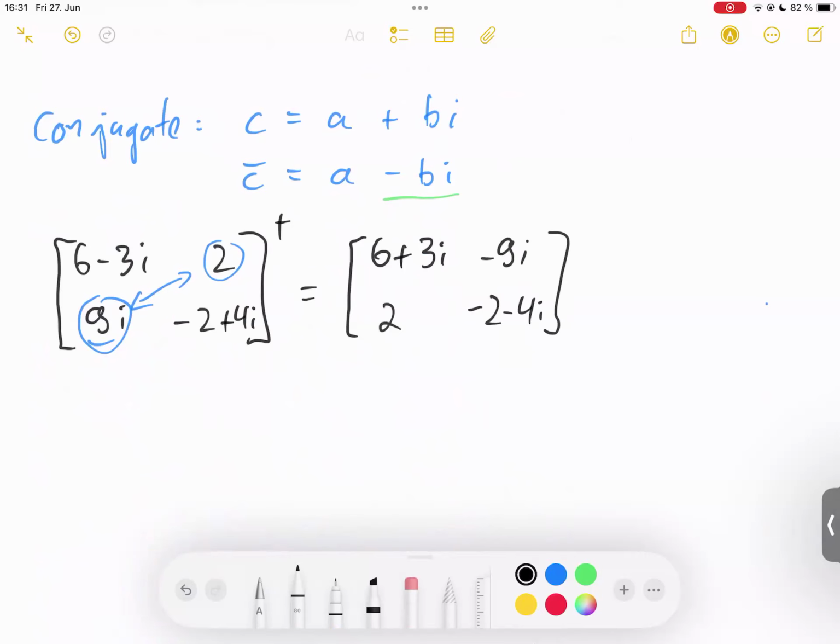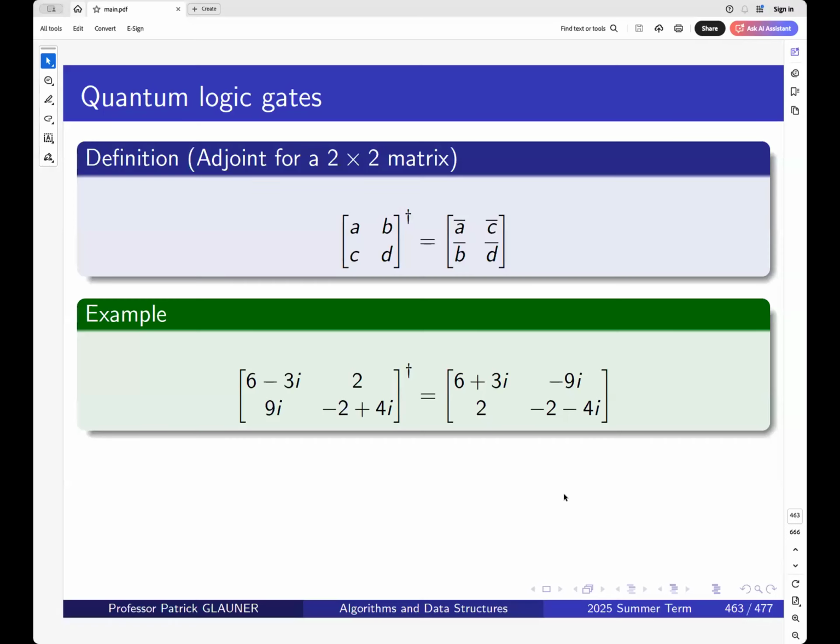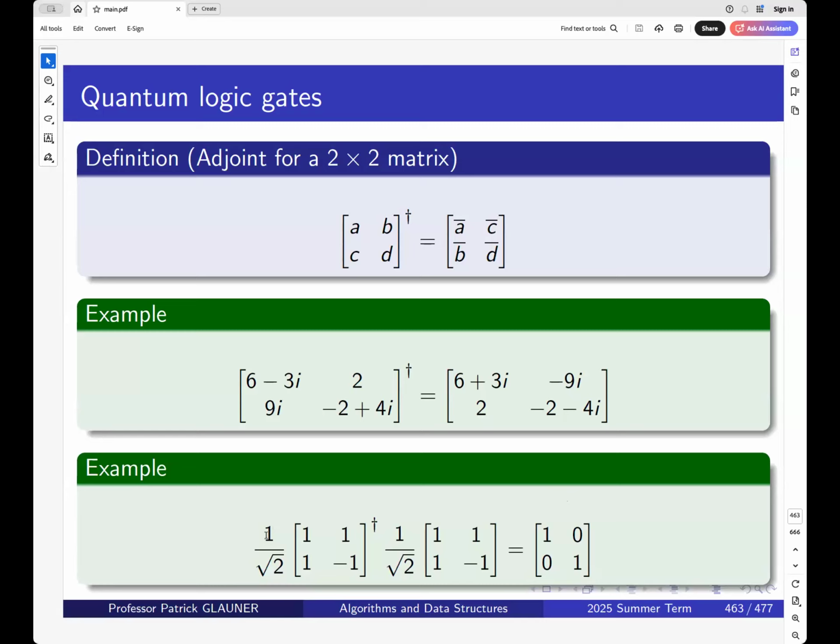In terms of the math, I think we've done most of the mathematics now. And now let's look at a couple of further consequences of quantum computing, as well as some of its applications. The adjoint we had just looked at is here, and here is part of showing that the Hadamard gate is actually unitary, because I have U dagger times U, it's the identity matrix.